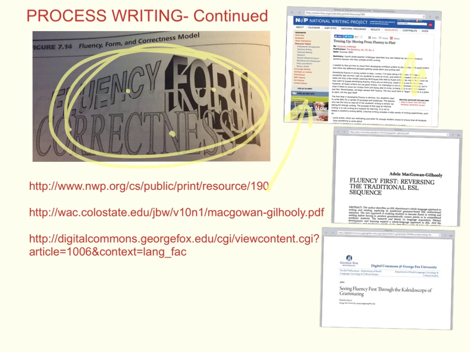The other website that I included is right here, Fluency First, Reversing the Traditional ESL Sequence. And there was, I believe it's on page 75 of this study, a passage I'm going to read that I thought, again, really talks about fluency, form, correctness, and how this is just a beneficial way to approach process writing with ENL students.